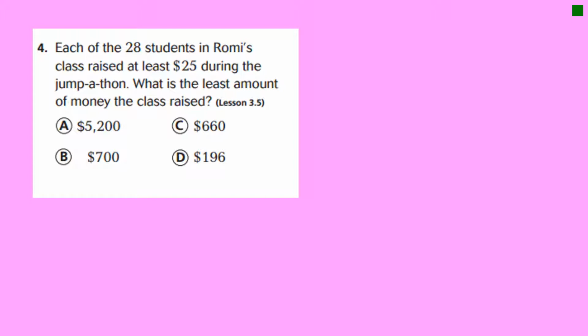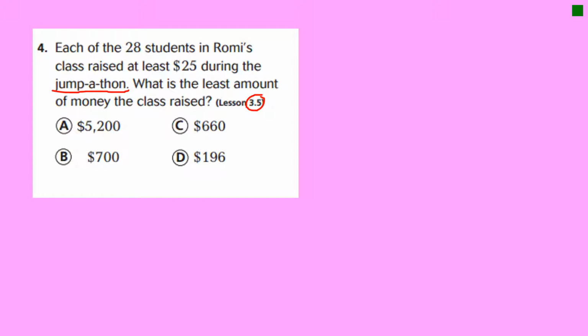All right, now we are on to review Chapter 3, Lesson 5. It says that each of the 28 students in Rami's class raised at least $25 during the jump-a-thon. Oh, that's like we have a read-a-thon at our school. They have a jump-a-thon. What is the least amount of money the class raised?